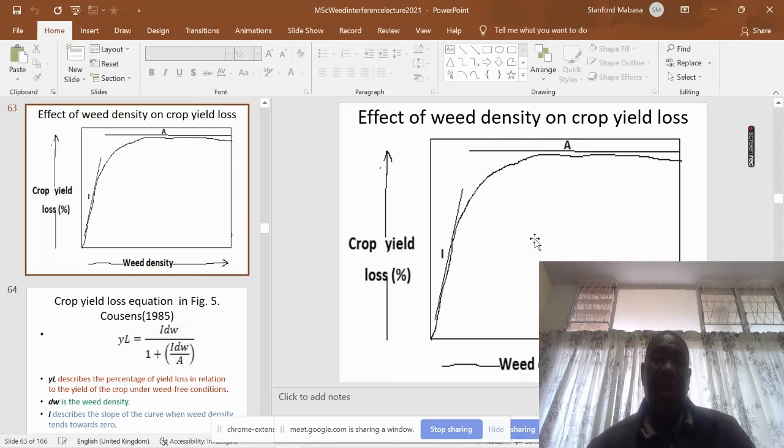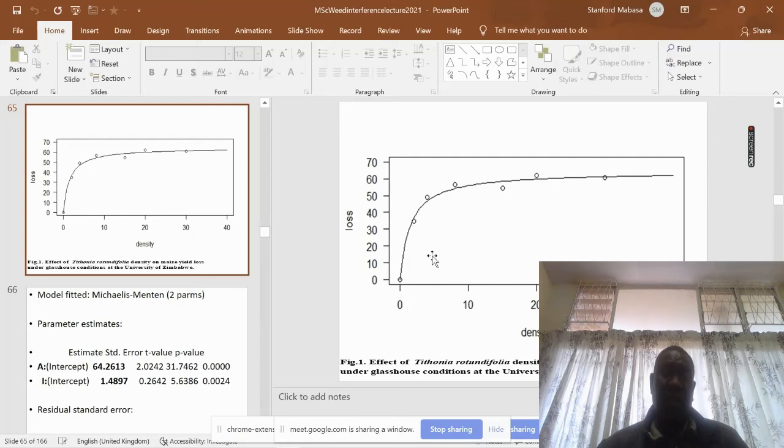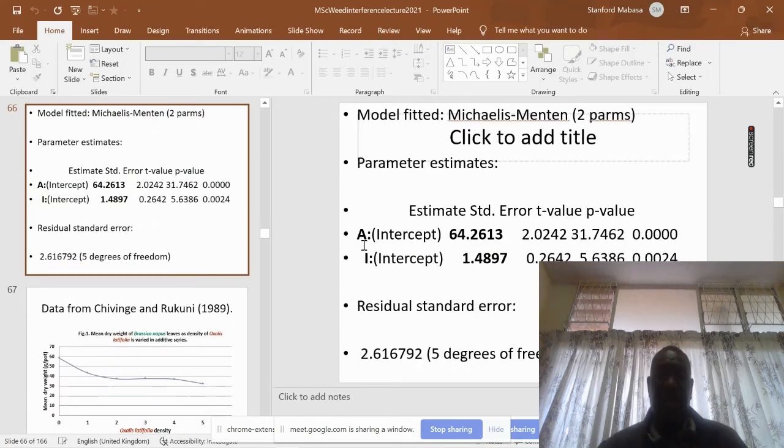This is what this student got, and he could estimate A is 64%. That was the maximum yield loss when Tithonia rotundifolia was competing with maize, and this was the slope. So 64% and 1.4 or 5, if you like, are the parameters for competitive ability.